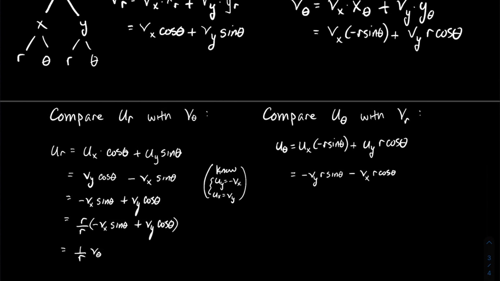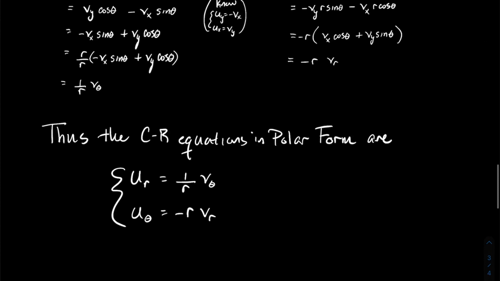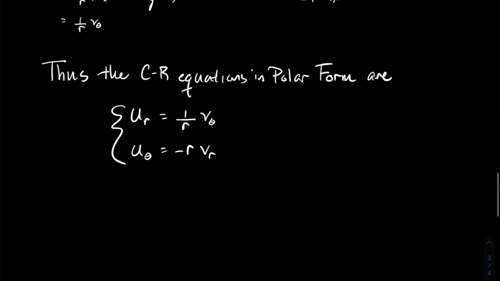It looks like we've just got to factor out a minus sign, and we could factor an r off of those as well. What we obtain then is minus r times partial vr. Thus we get the CR equations in polar form. They look like partial ur is 1 over r partial v theta, and partial u theta is minus r partial vr.